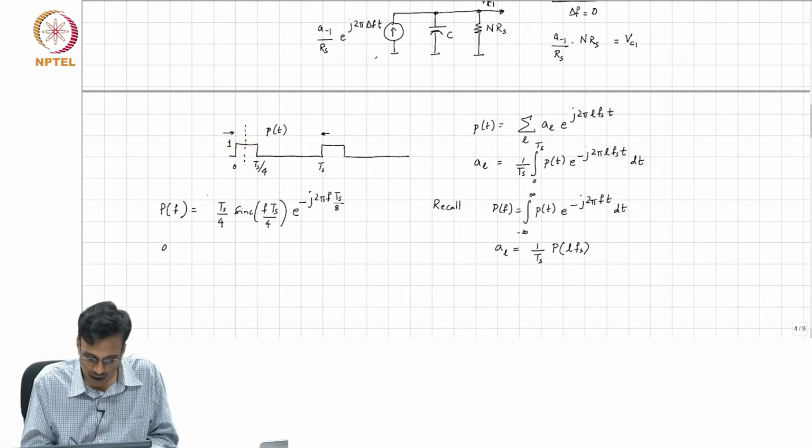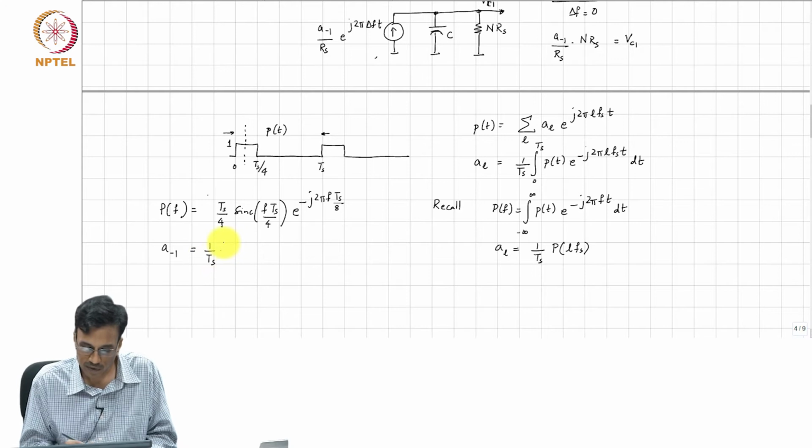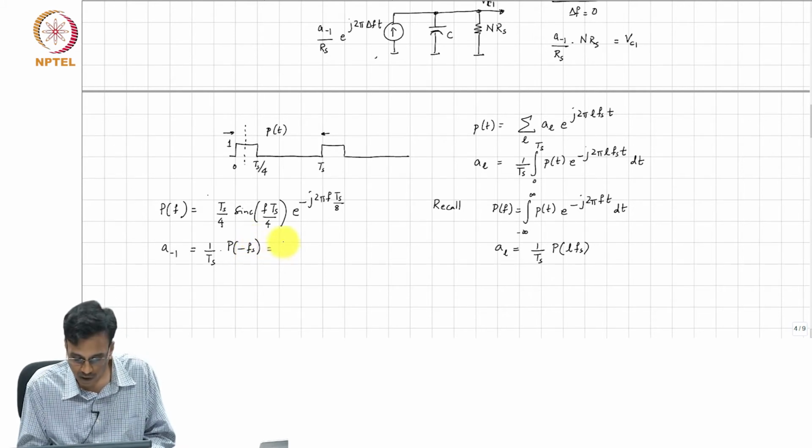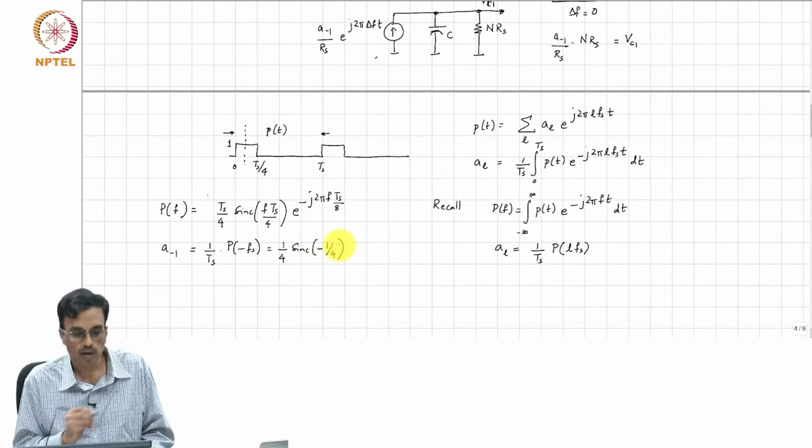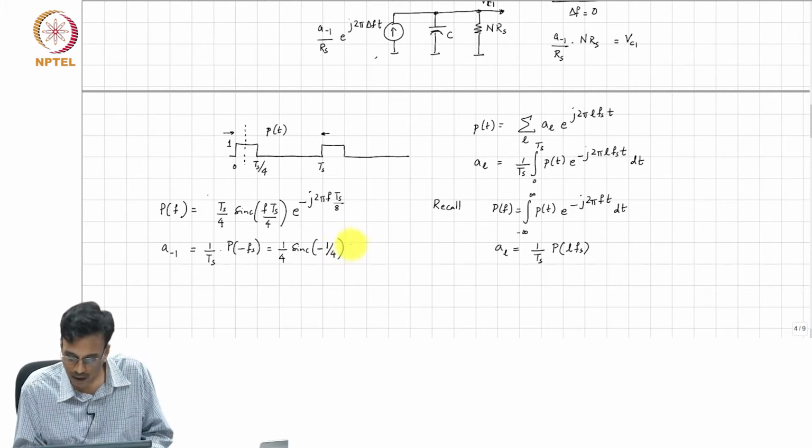Therefore A minus 1 is 1 over Ts times P of minus Fs, which is 1/4 sinc of minus 1/4, times e to the j 2 pi Fs times Ts, which is simply 1, so 2 pi by 8.